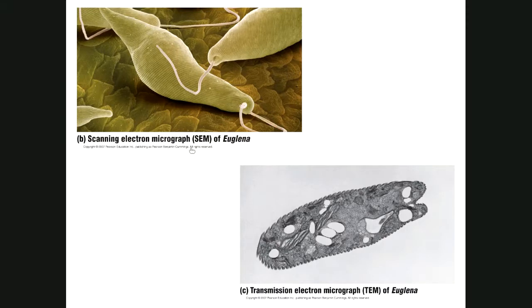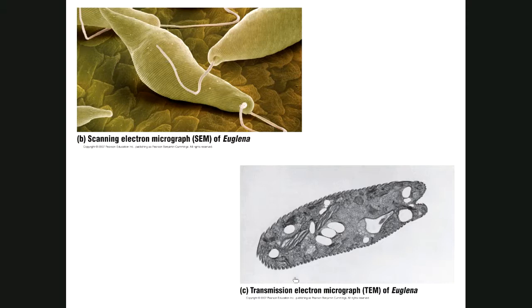The S stands for scanning. This type of electron microscope gives you high resolution detail of the surface of the organism. So here is that same euglena, but now we're seeing mainly the cell membrane of it and how it has striations, and you can see this long little tail looking thing up here, which is known as a flagellum that it has coming out on one end.